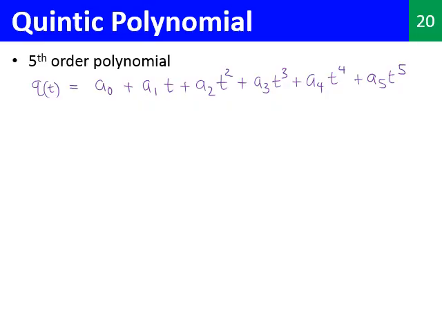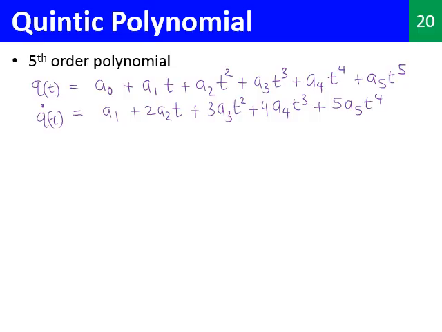Now I take the time derivative of this to obtain q dot, and that should be equal to a1 plus 2a2 t plus 3a3 t squared plus 4a4 t cubed, and finally 5a5 t to the power of 4.